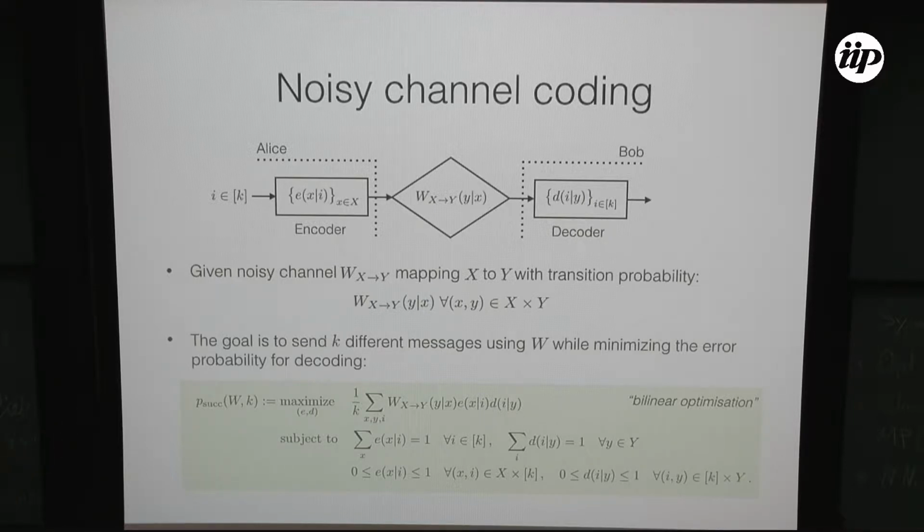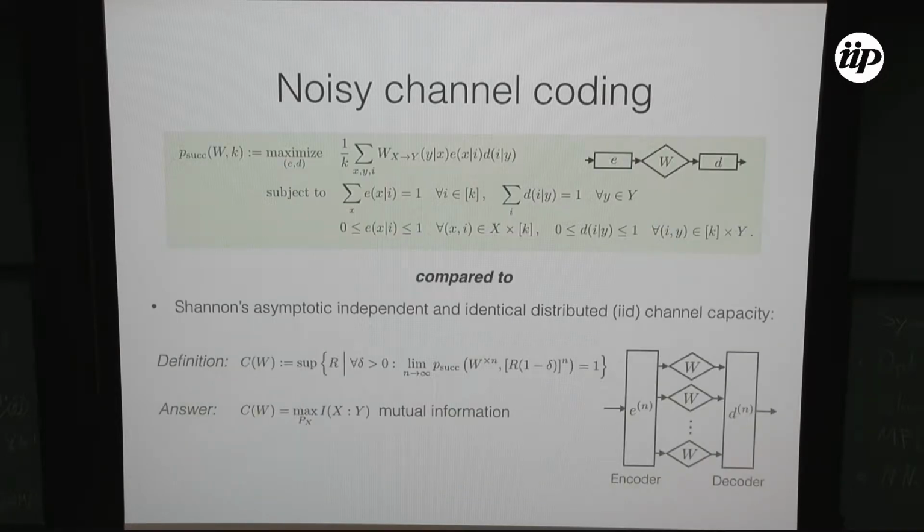Omar had this bilinear optimization on his slide already, and this is really the fully classical setting. Now, I'm interested in doing this with one repetition of the channel, because especially in channel information theory, people often look at many repetitions of the channel, and then they have coherent encoders and decoders that act on all the systems at the same time.